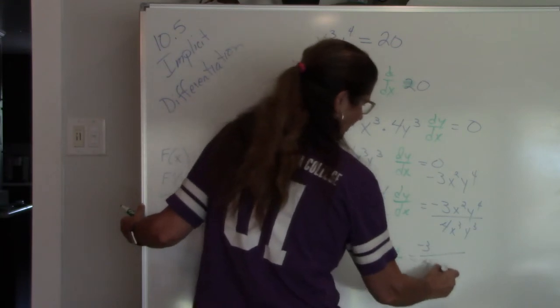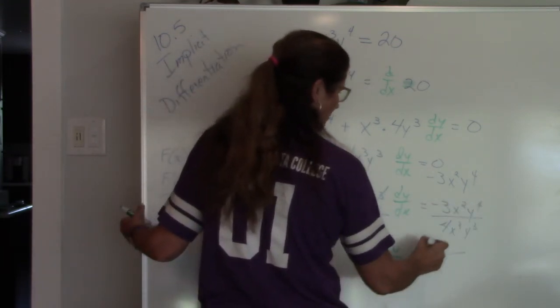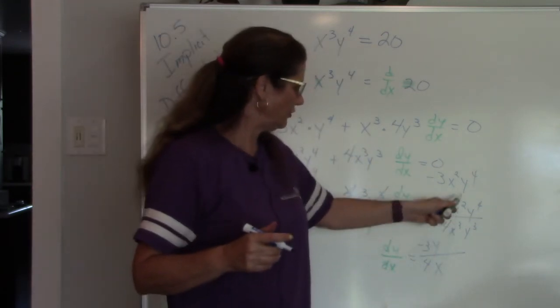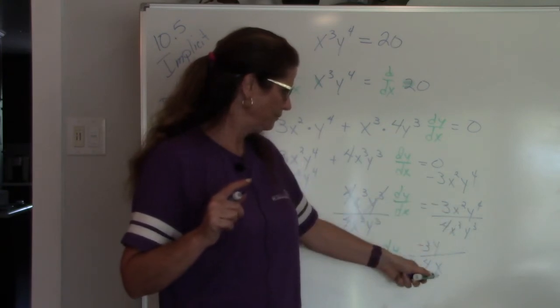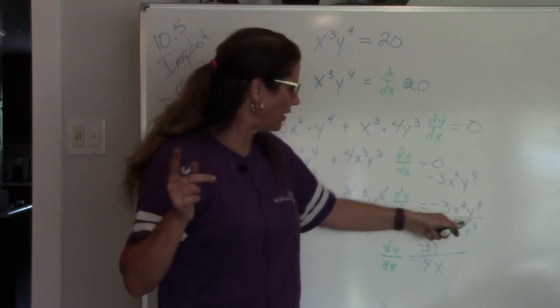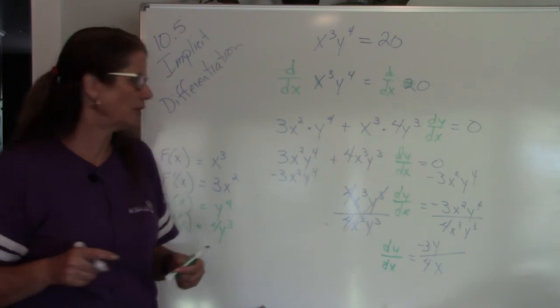I have 1x on the bottom. Y to the fourth over y cubed, I have 1y on top. So remember your exponent rules. When you're doing division, you're subtracting. So 2 minus 3 is a negative 1. Negative 1 means it's on the bottom. 4 minus 3 is a positive 1. That means there's 1 on top. So that is the derivative using the product rule.